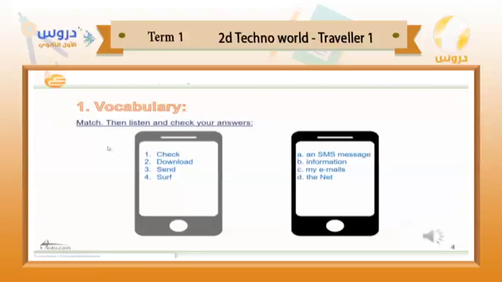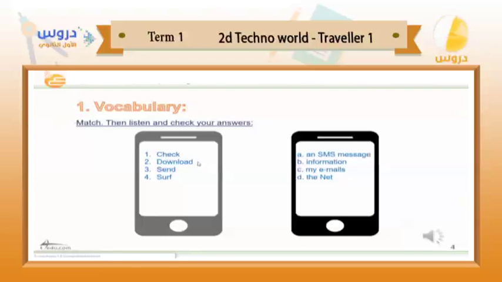Well, I'd like you to take a look at these two screens of mobiles on which you can find some words. Try to match the first words on the first mobile phone to the words on the second mobile screen. Then you can listen and check your answers. The first words, okay? Check, download, send, and surf.